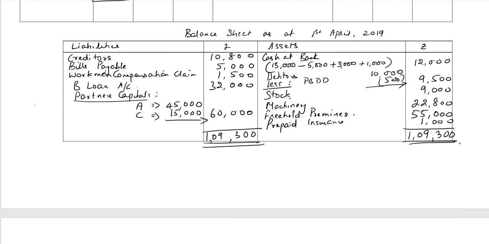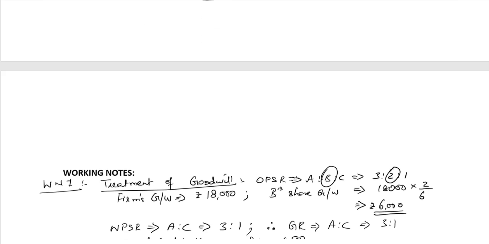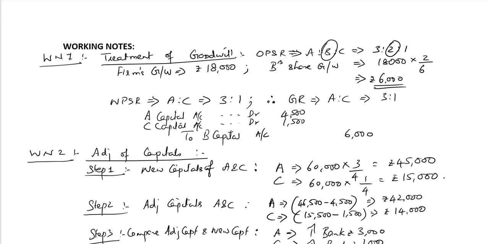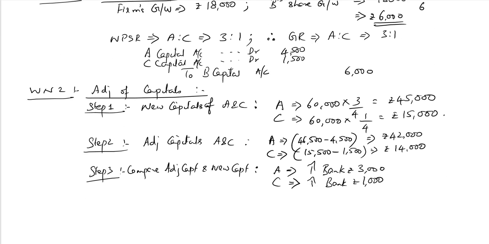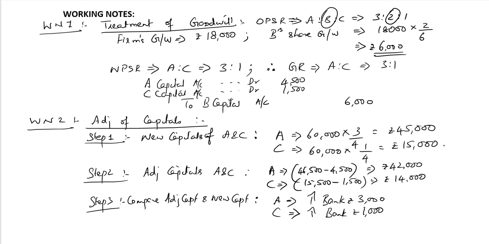The working notes at the end of the sum. The first working note was for treatment of goodwill, and the second working note was for the adjustment of capitals.